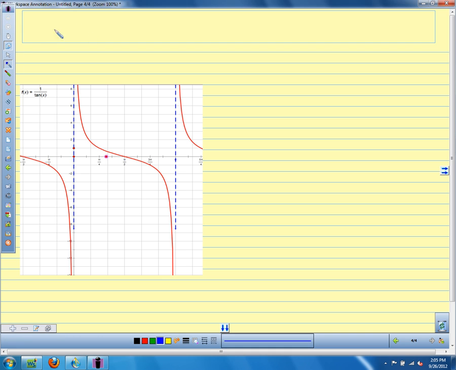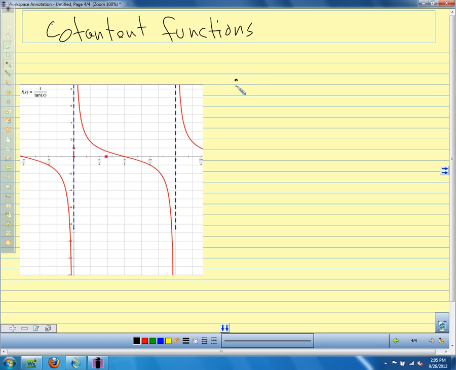So now we're going to graph cotangent functions. So the important things about cotangent functions. Cotangent functions are odd, so that means they're symmetric about the origin.